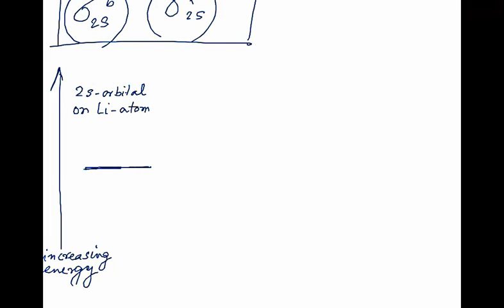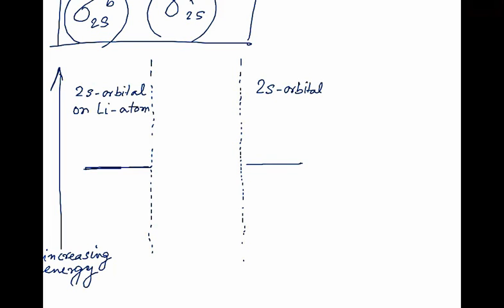This is the energy level for the 2s orbital, and we can draw a dotted line demarking the separation from the atomic orbital. Similarly, there will be another 2s orbital of another lithium atom. So this is one 2s orbital, and this is the other 2s orbital.